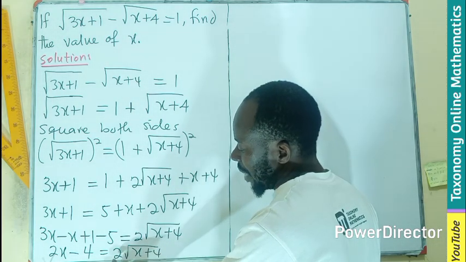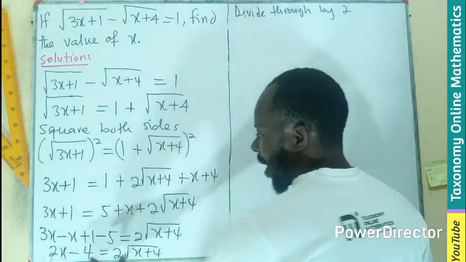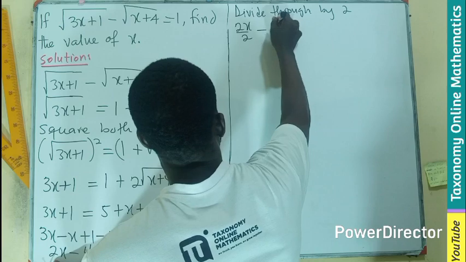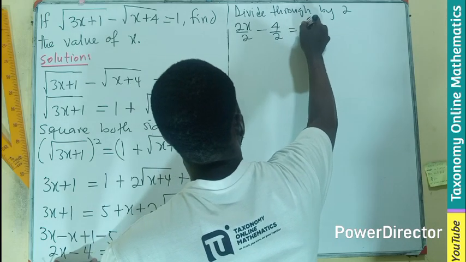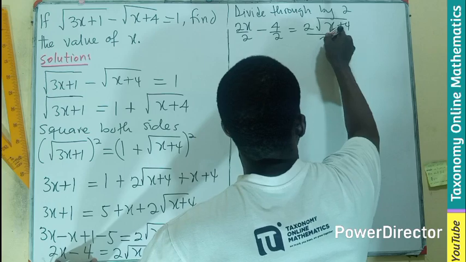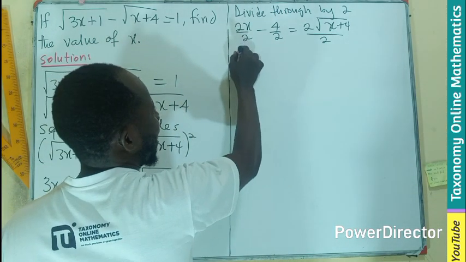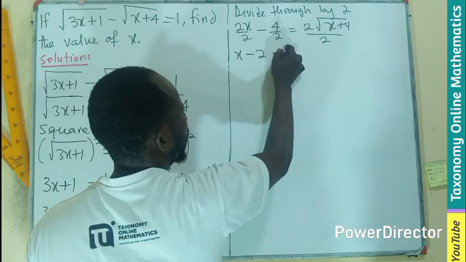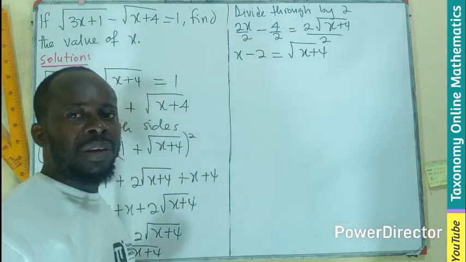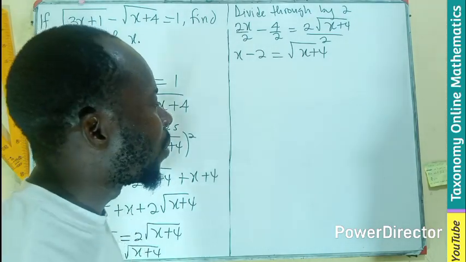So what should I do? Let me divide both sides by 2. If you divide by 2, you have 2x divided by 2, 4 divided by 2, 2 the root of x plus 4 divided by 2. By simplification, we have x minus 2 equals the root of x plus 4.